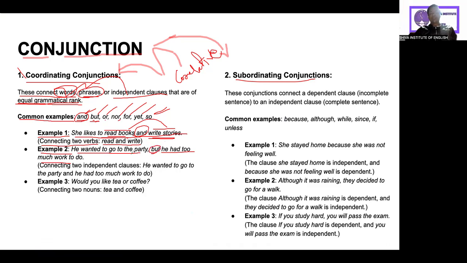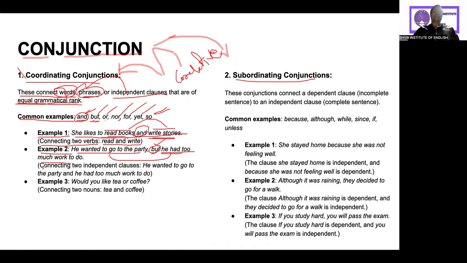When I say he wanted to go to the party, it is an independent clause, a complete sentence, isn't it? And he had too much work to do is also an independent clause. So there are two independent clauses contrasted to each other using the word but, right?